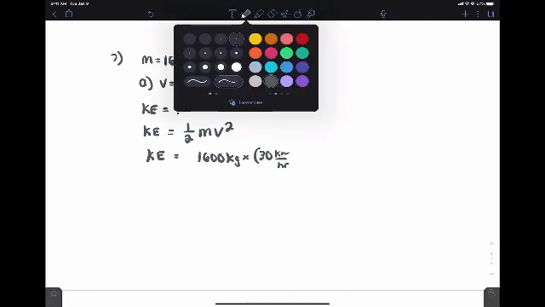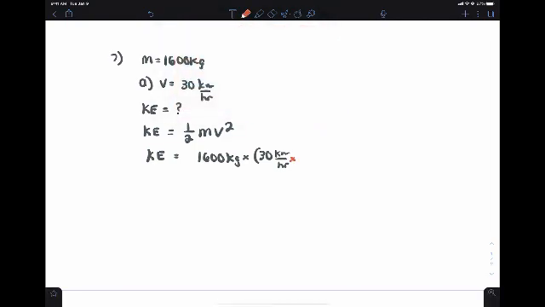So we need a conversion in here. So we'll put in a times and then our conversion factor, 1 kilometer equals 1,000 meters. Whatever that value comes out to be in your calculator, we're going to square that and then divide by 2.